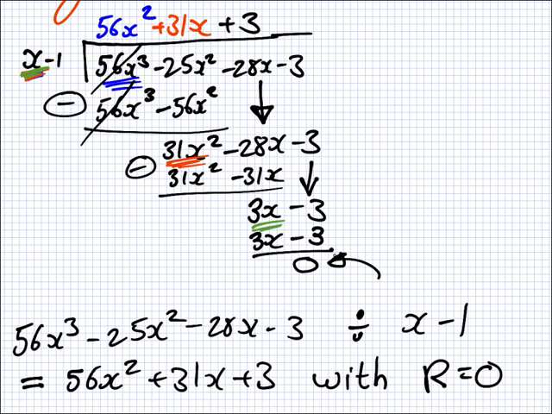Also, because there's no remainder, the x minus 1 is given a special name. I wonder if anyone knows. It's called a factor. If there's no remainder, we can call the divisor a factor. Right, let's look at another example now.